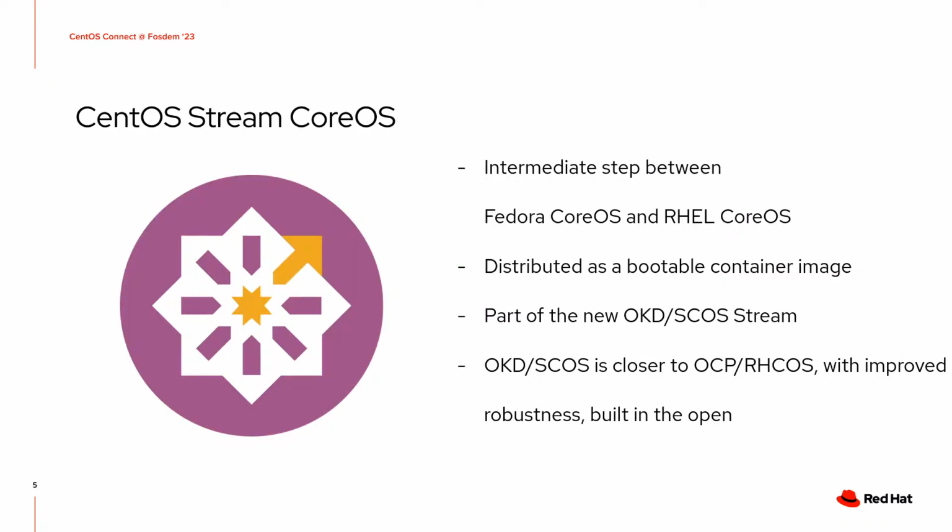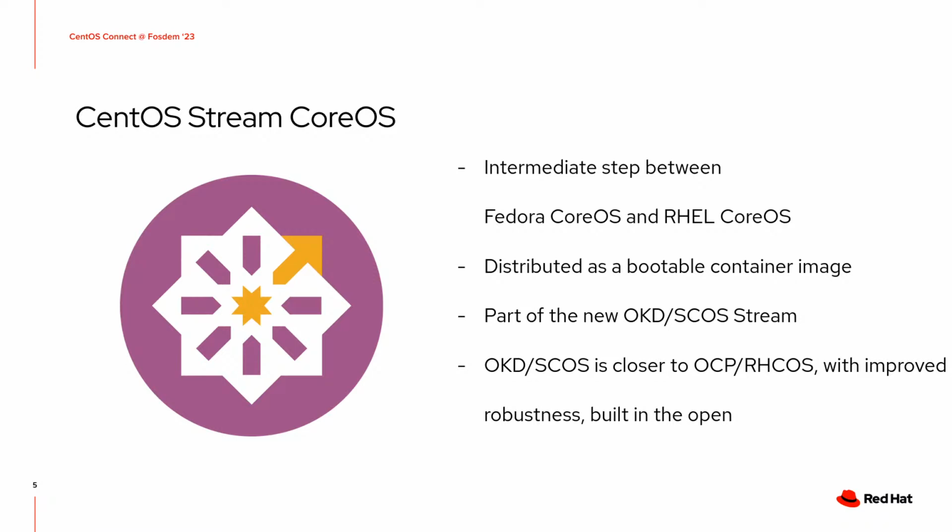So, big announcement. We have a new distribution in the CentOS family, CentOS Stream CoreOS. As I mentioned, it's the intermediate step, the midstream between Fedora CoreOS and RHEL CoreOS. We have really cool technology that allows you to boot container images. What that means is we can reuse ubiquitous container registries to distribute our operating system.